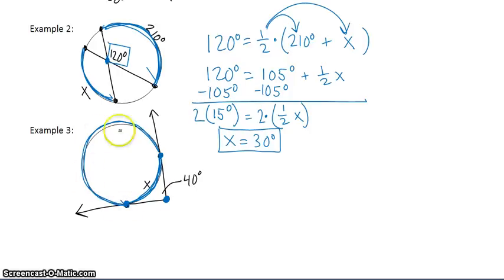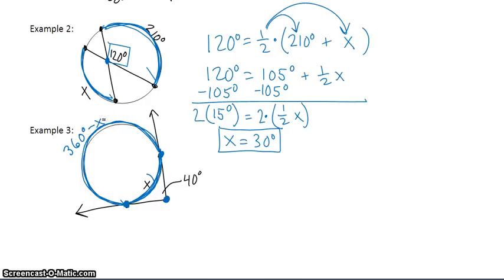To figure out my big arc, I need to realize that my entire circle is 360 degrees. And if my little arc is x big, to solve for my big arc, I'm going to have to take 360 degrees and subtract off whatever this value is. In this case, my big arc is going to be 360 degrees, the measure of the entire circle, minus x.